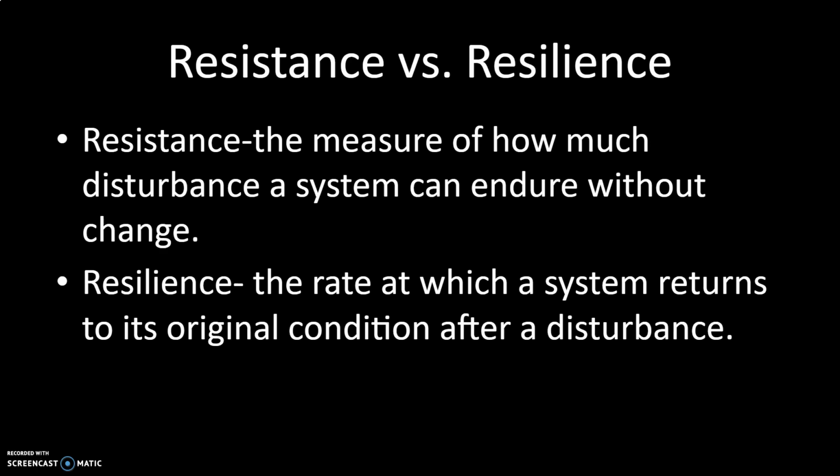Now, some things have low resistance. Drought, it just dies out. You got to go buy some more because it's dead. Resilience is how quickly it comes back after some disturbance. So, example, we'll go with the garden again. Something that's high resilience is you have a drought or a fire or something that comes through, and it looks like it's dead.